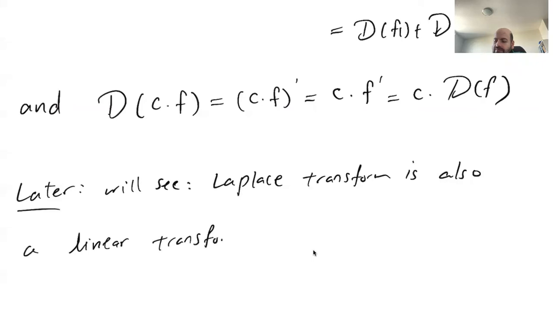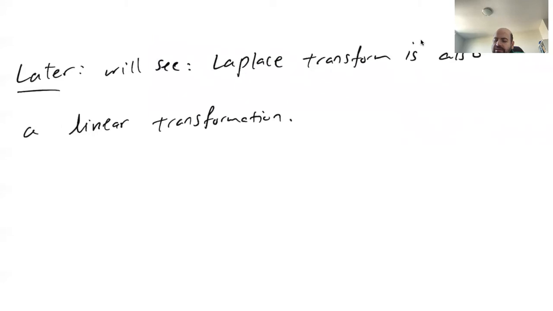We will prove this later. But for now, let's define this Laplace transform. Once we have a function, how can we apply the Laplace transform to get a new function? How is that new function defined in terms of the original function? So let's see the definition.